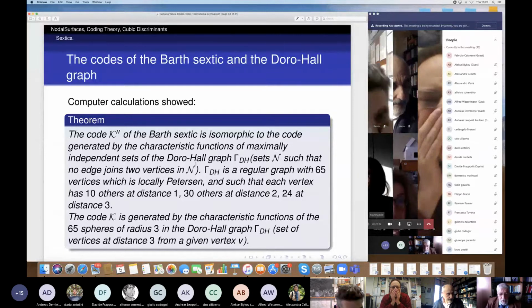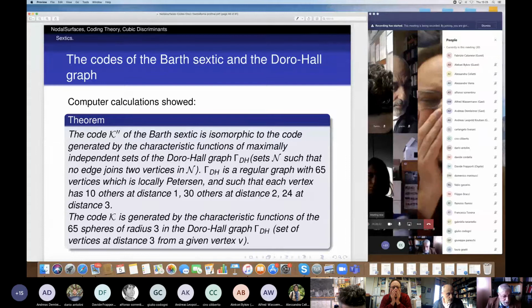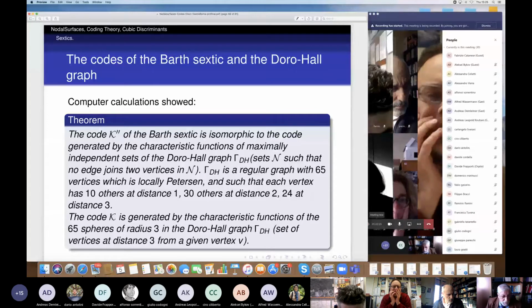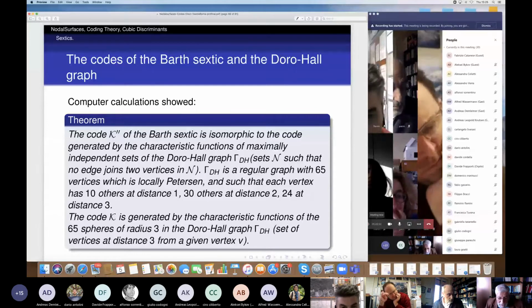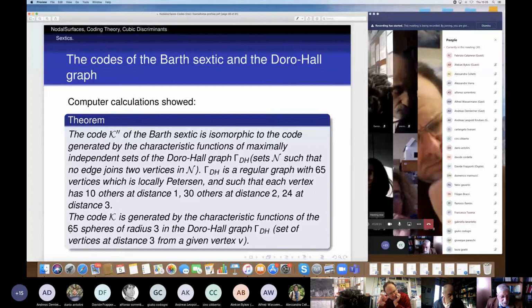Now, this Doro Hall graph is very famous because it's a regular graph with 65 vertices, which is locally Petersen, and has the property that each vertex has 10 neighbors, 30 at distance 2, 24 at distance 3. And the code K is generated by the characteristic functions of the 65 spheres of radius 3.